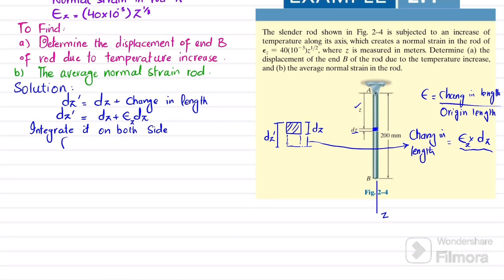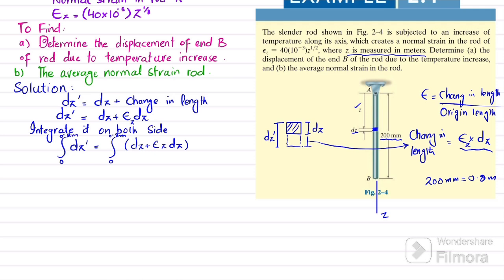So we will integrate dz dash, and this will be the integral of dz plus epsilon z into dz, clear, and that will be integration from 0 to 200 millimeter, or you can see the total length is 200 millimeter. So 200 millimeter will be equal to 0.2 meter, because we have been given that z is measured in meters. So I will write 0 to 0.2 meter here as well.